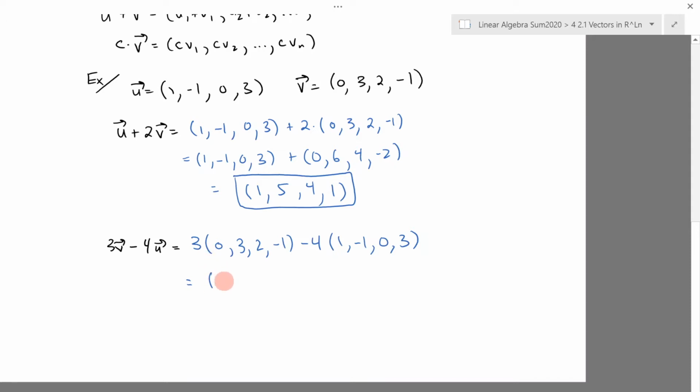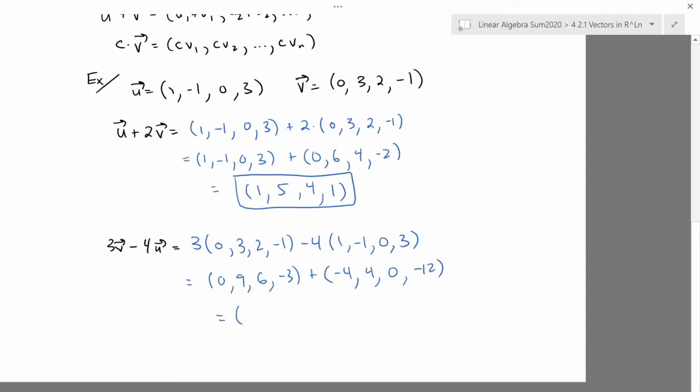Right, so 3 times 0 is 0, 3 times 3 is 9, 3 times 2 is 6, 3 times -1 is -3, and then -4 times this, so it's -4, -4 times -1 is +4, -4 times 0 is 0, -4 times 3 is -12.